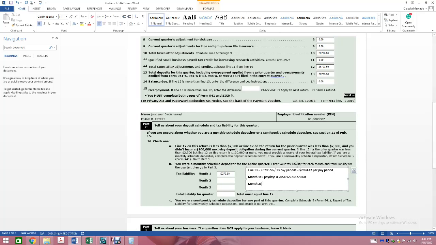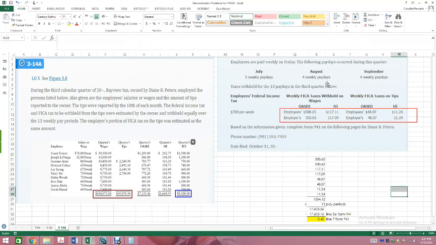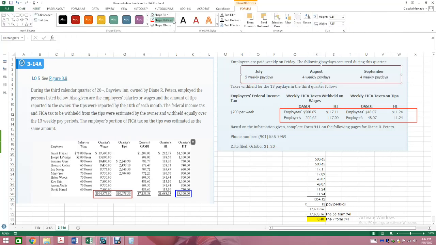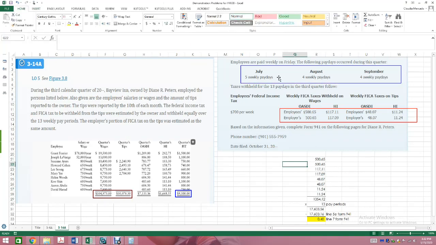For my month 2, how many pay periods do I have? Month 2 in August, I have 4 paydays. Right here, 4 paydays. So I'm looking at this information right now. For the second month, we have 4.